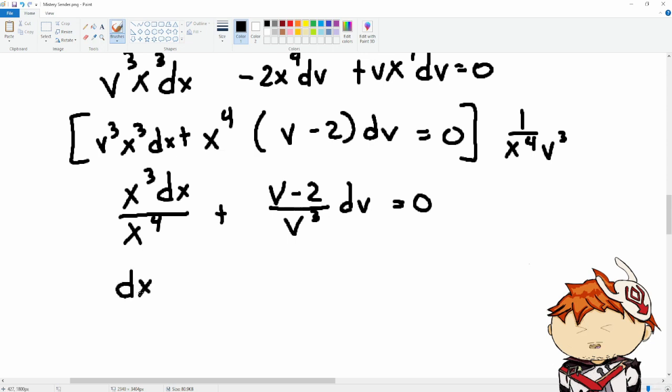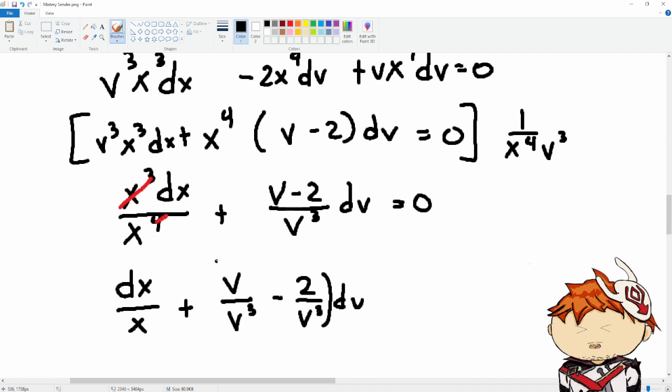So this will become dx over x plus v over v cubed minus 2 over v cubed. Property of fractions: the numerator can be separated into two fractions with the same denominator. Now let's integrate them.